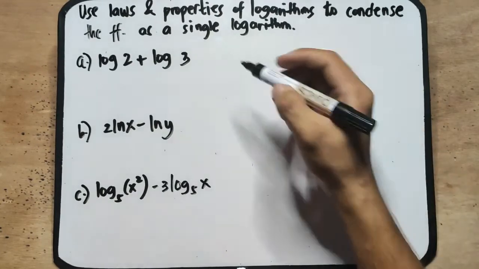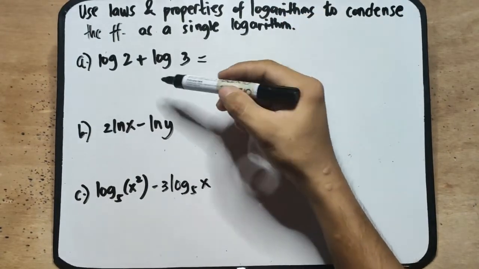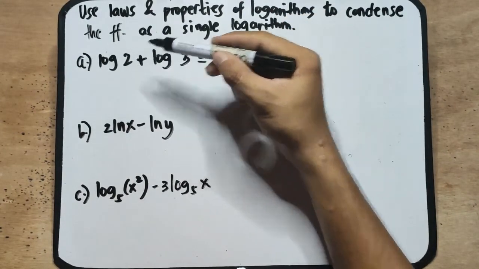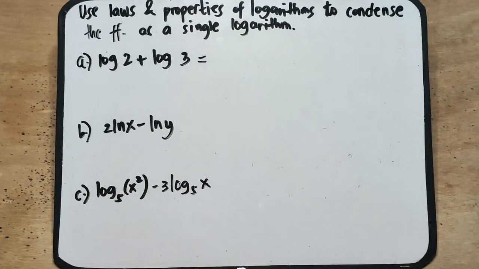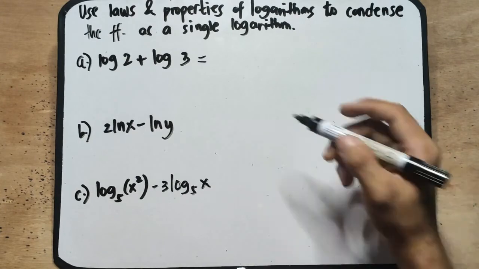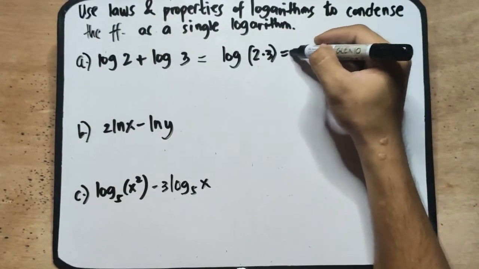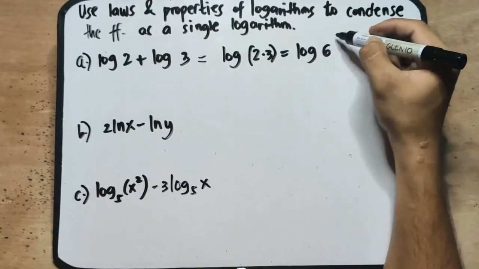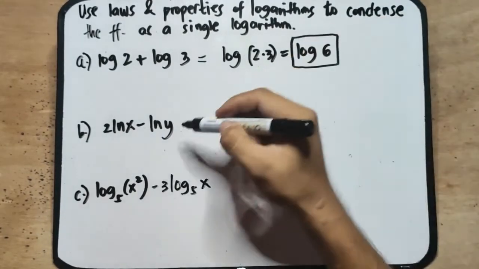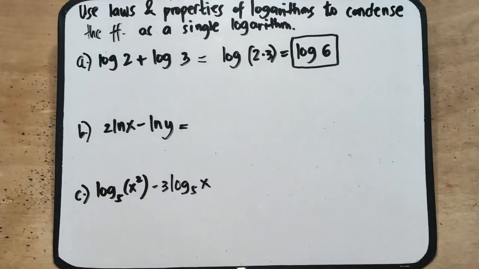So, papaano siya? It's like this. Since ang operation nila ay addition, we can use multiplication, yung unang law ng ating logarithm. So, this will be logarithm of 2 times 3, or the logarithm of 6. Second example, we have 2 ln of x minus ln of y.